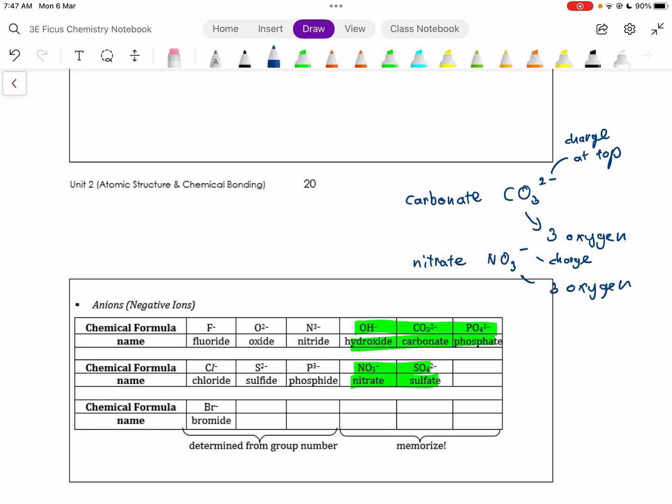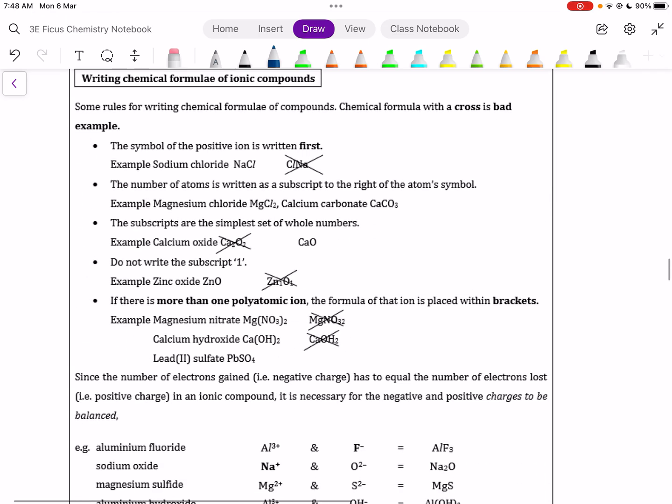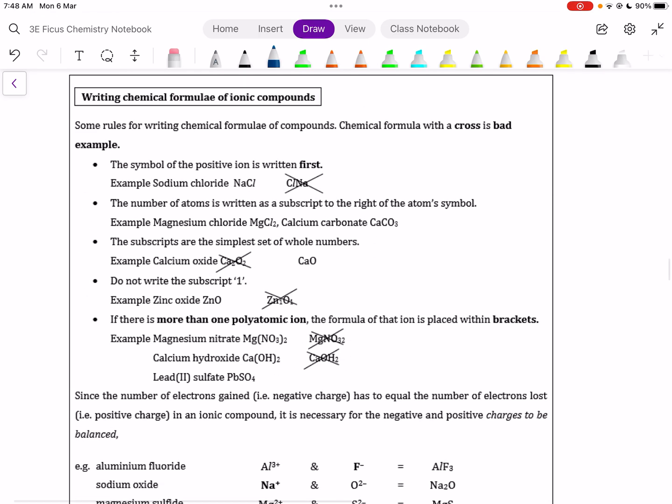Same goes for sulfate, SO4 2 minus. That one has 4 oxygen, and the 2 minus is actually the charge. A lot of them, okay. I shall go on.